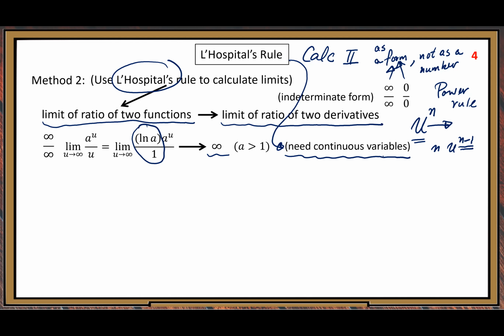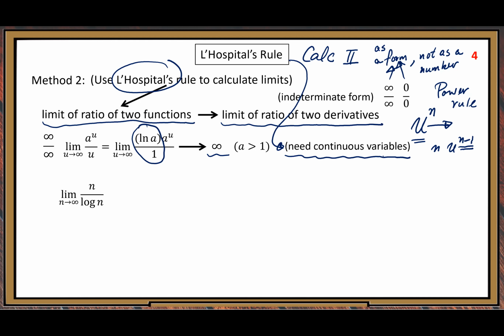What do I mean by a continuous variable? Your variable can take values of all real numbers, numbers that can change continuously. Not a discrete variable.